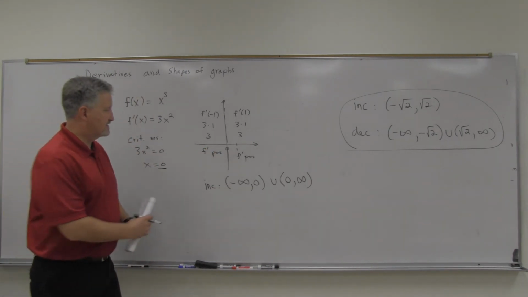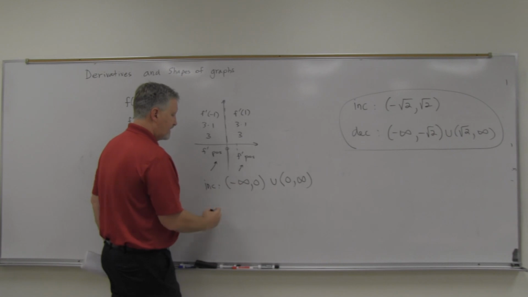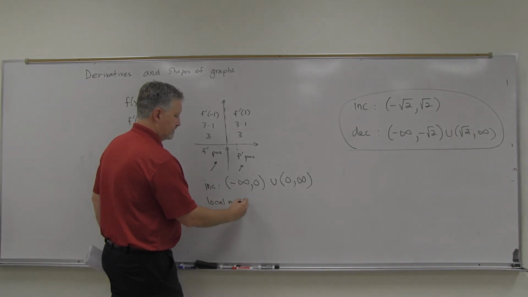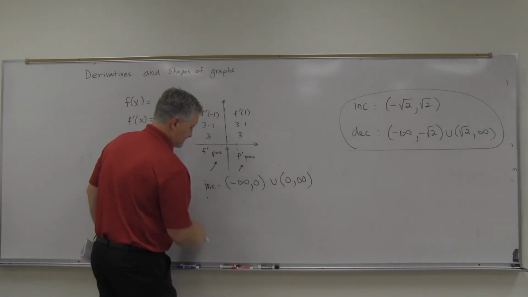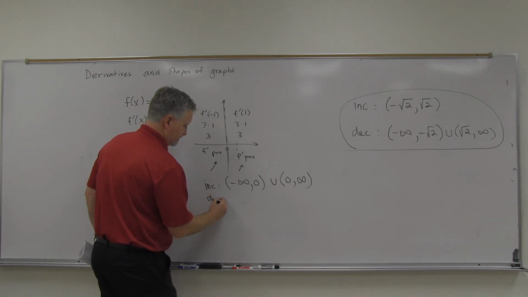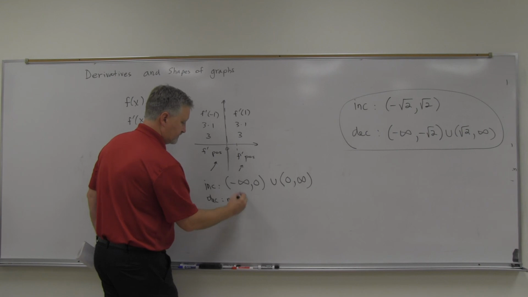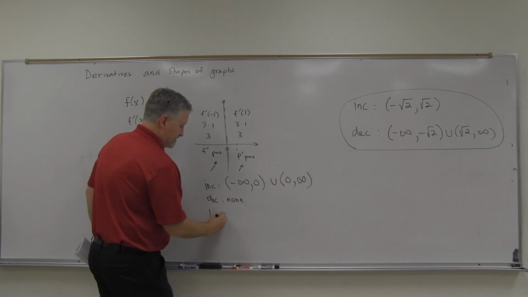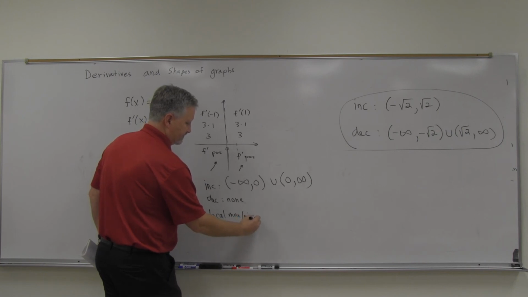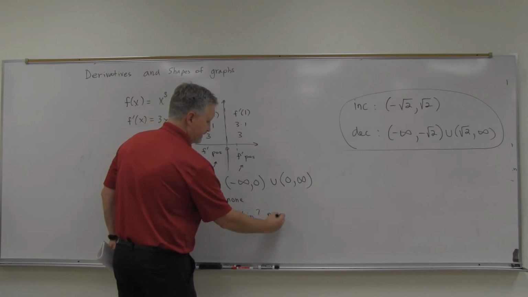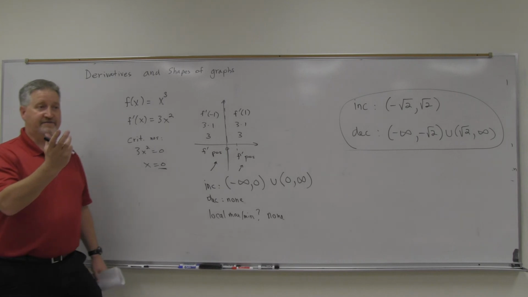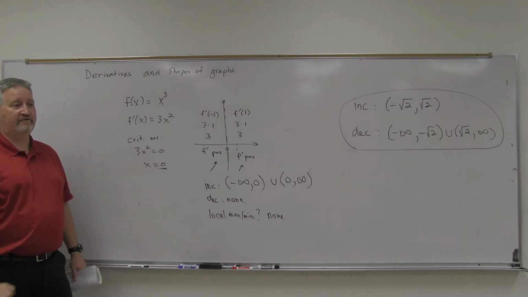And then the other thing, as far as local maxes and mins, what about decreasing? Well, there's none. And local maxes and mins? None as well, right? You've got to have a change, from positive to negative or negative to positive.